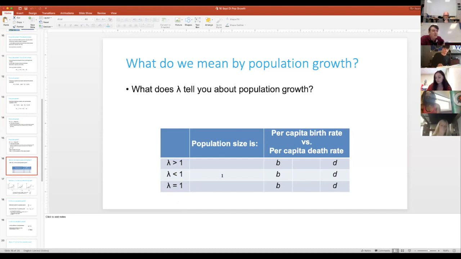Which category are we in here? You guys had greater than, less than, and equal to. It's greater than. So you know that this finite rate of increase value is greater than 1, and so the population size is growing, and that's why the curve goes up. So you know the population growth rate is positive.